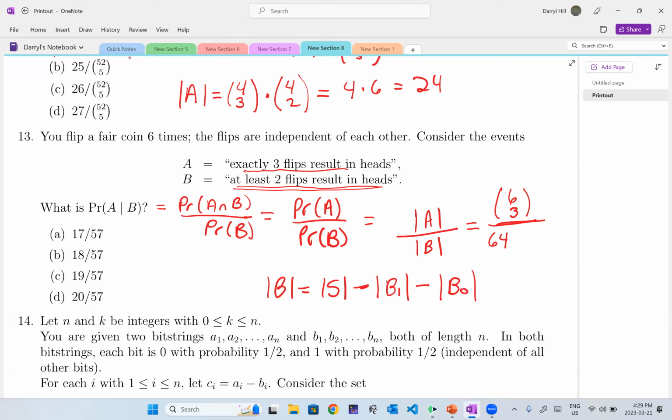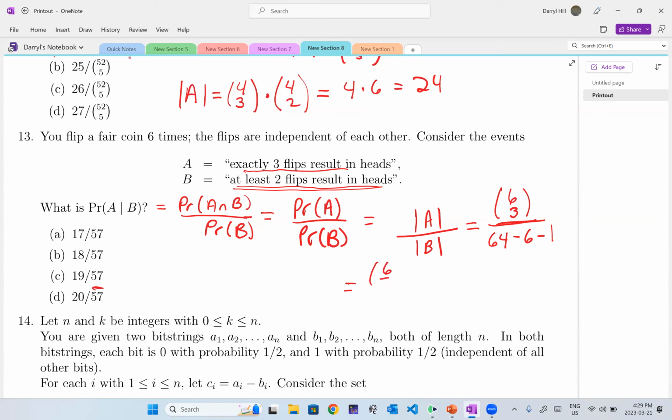Okay, so exactly 1 flip results in heads. How many different ways can I flip 6 coins with one head? Six. All I'm doing is choosing where the heads comes up, which of the 6 positions. So this is minus 6. 0 flips come up heads. How many ways can I do that? Yeah, 1. So it's nice that 64 minus 6 minus 1 gives us 57. That's a good hint that we're on the right track.